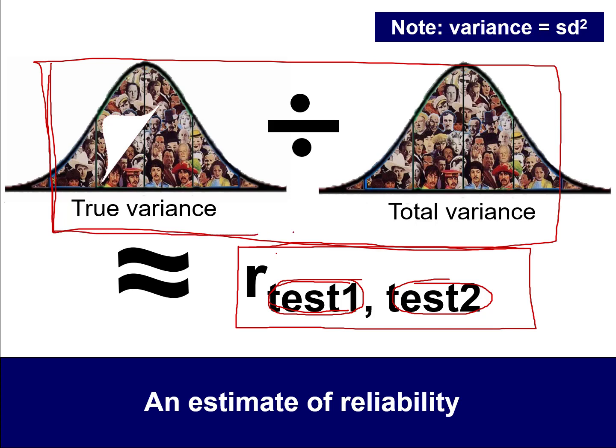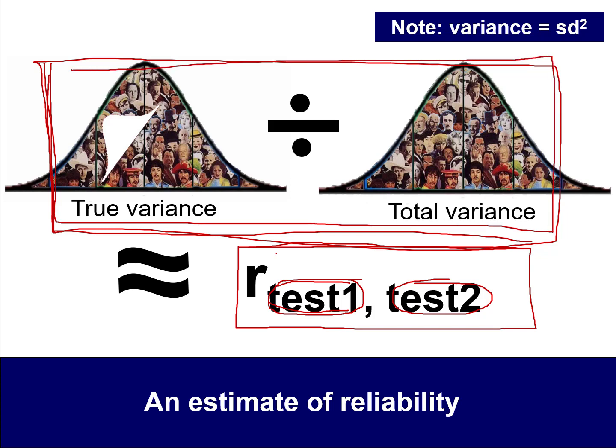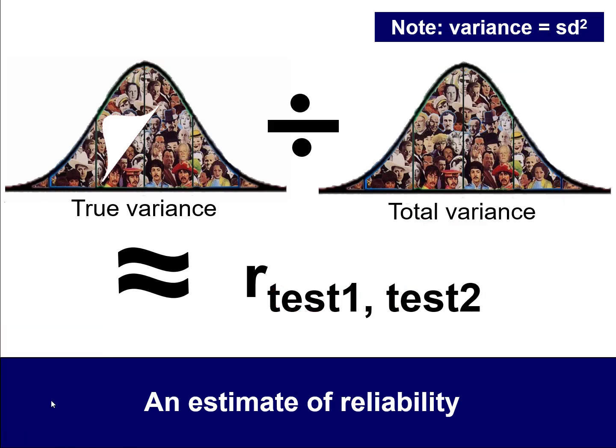True variance divided by total variance gives me the percent of variance that is true. And the percent of variance that is true is reliability. So therefore, the correlation between two tests is an estimate of reliability.